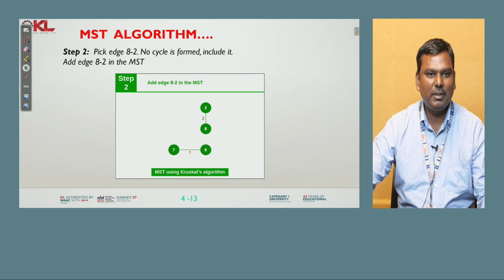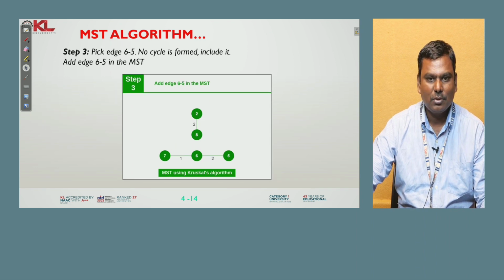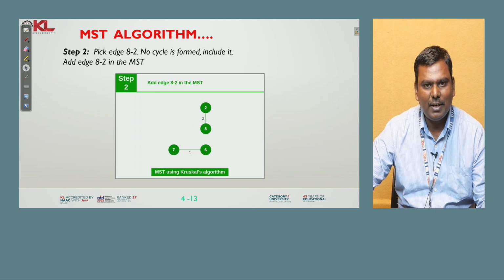Again pick the edge 8 to 2. No cycle is formed, so include edge 8 to 2 in the minimum cost spanning tree. Okay, so again 6 to 5 in the minimum cost spanning tree.